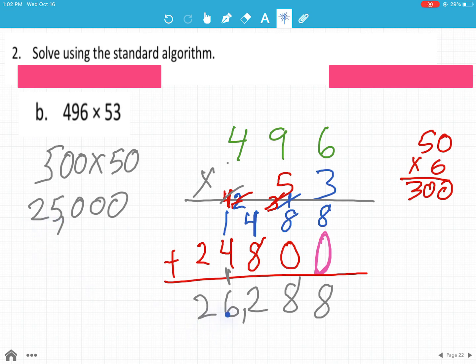And 25,000 is close to 26,000. It's only about 1,000 away. So we are close. Our estimation, we went up just a little bit and we went down a little bit. And that gave us an estimation that is lower than the real actual.